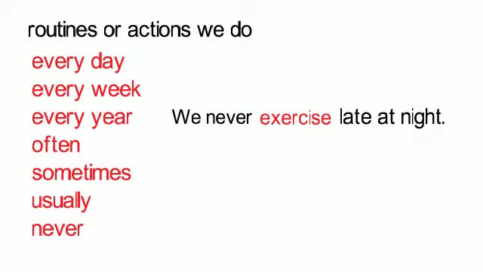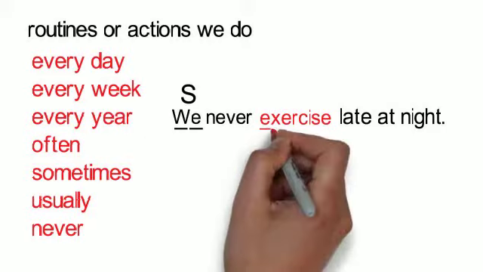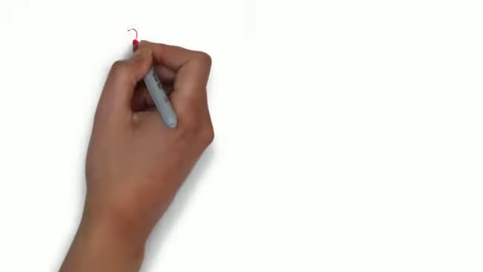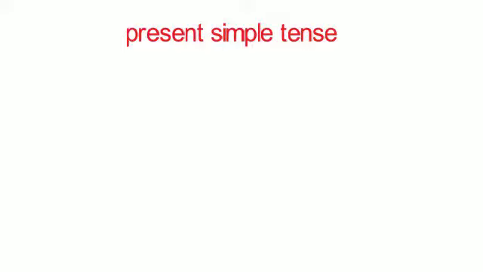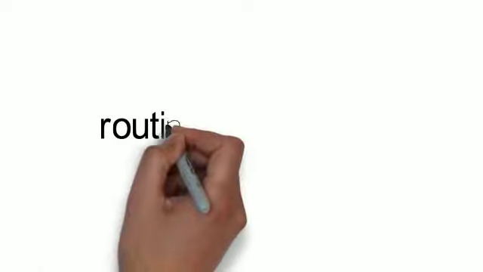In this sentence, the subject is we, and the verb is exercise. Both of these sentences show actions that are routines or customs, things that are repeated again and again. So, to sum up, we use the present simple tense to talk about facts, origins, and routines or customs.